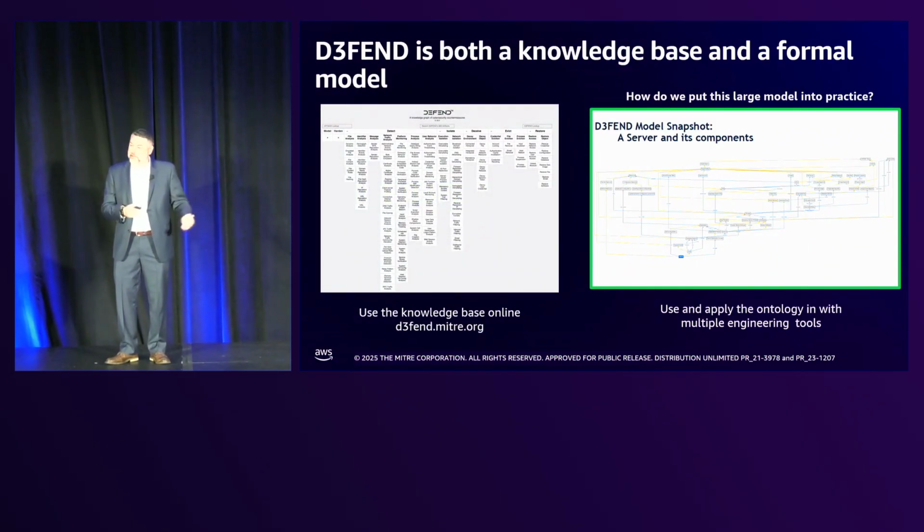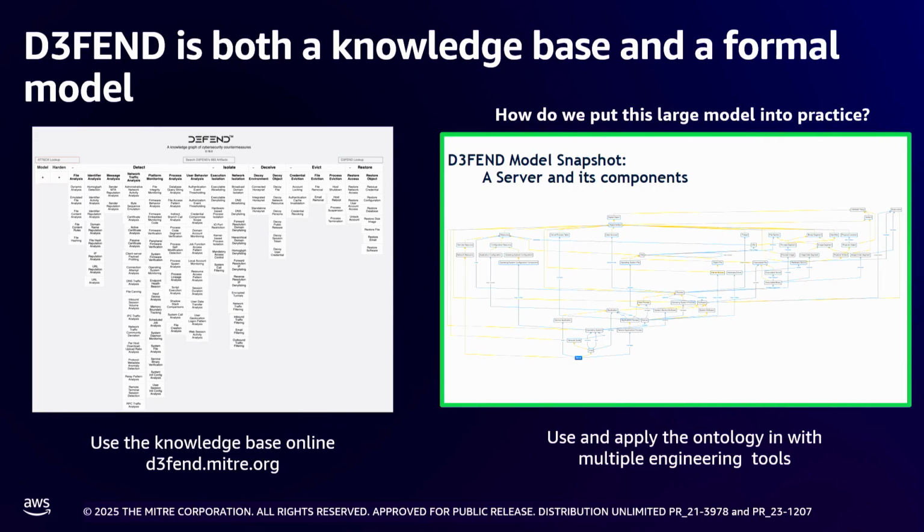And so Peter Kalamarkis and his team have come up with D3FEND. It's a knowledge base and a formal model. It's really trying to iterate through an ontology method, which I'll talk about in a second, the same elements of, all right, if we look at our environment, our infrastructure, how can we break this down into digital artifacts? And then those digital artifacts, do they have relationships between the attacker and the defender?